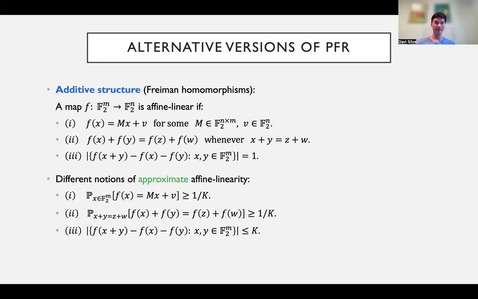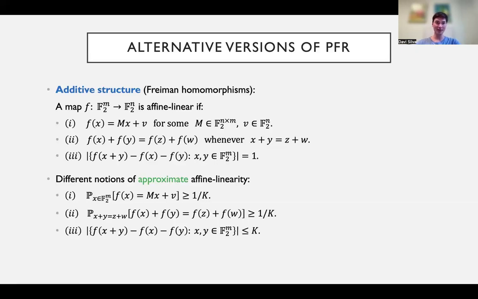The other way comes from this condition 2. It says that the conditional probability, when you condition on x plus y equals z plus w, that f preserves this additive structure is at least 1 over k. And the third notion that we can get is that this difference set, f of x plus y minus f of x minus f of y, is not necessarily a singleton, but it has bounded size, at most k.